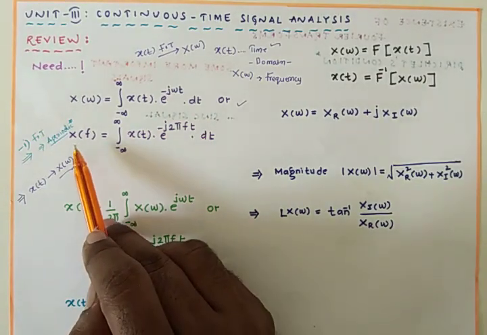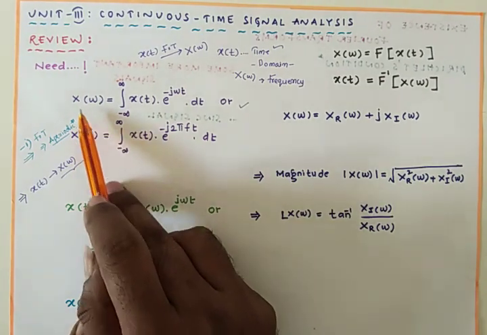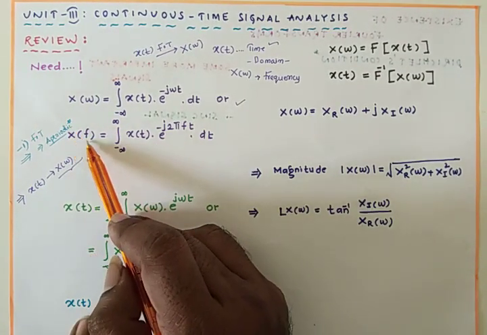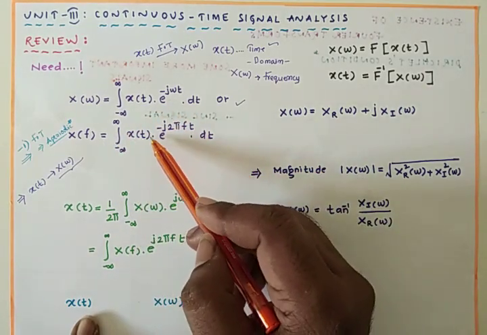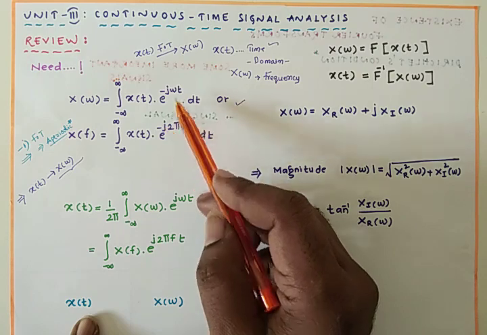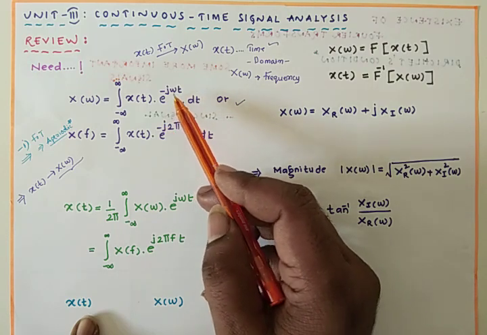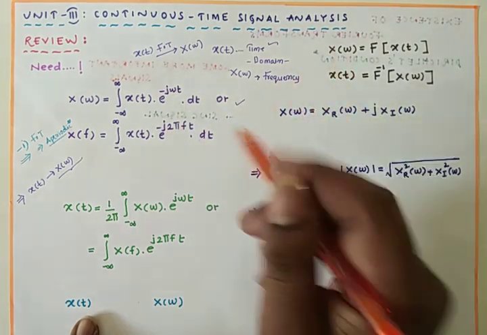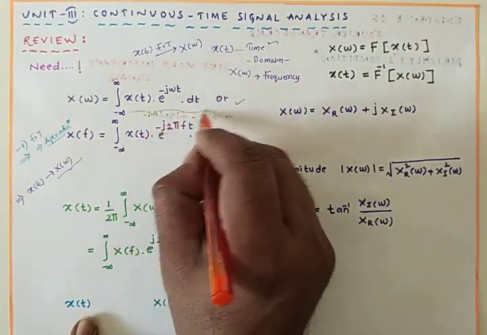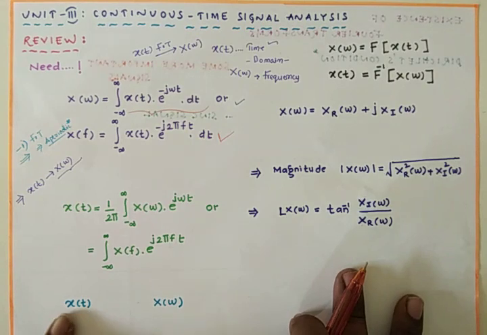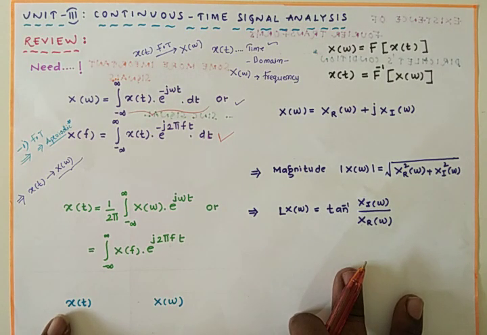Then if you want to convert that into the normal frequency, you can write x of f is equal to the integral from minus infinity to plus infinity of x of t into e to the power of minus j, where omega is replaced by 2 pi f, into dt. So mostly we can make use of this formula to convert the time domain signal into the frequency domain signal.